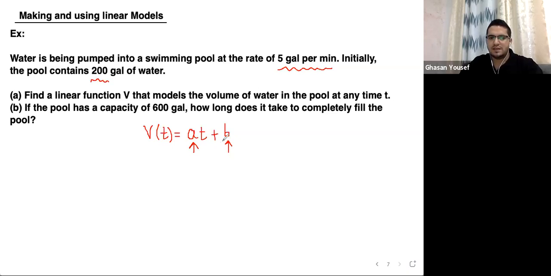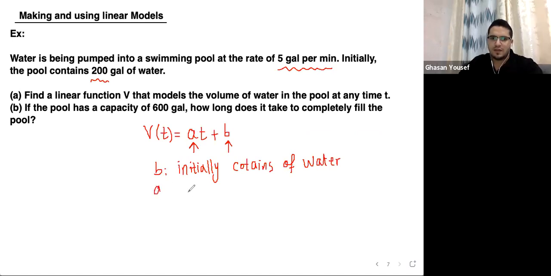Actually, this is the y-intercept. The y-intercept means at time equals 0, what is the value? This means the initial value. So b is what the pool initially contains, and the value a is the rate.